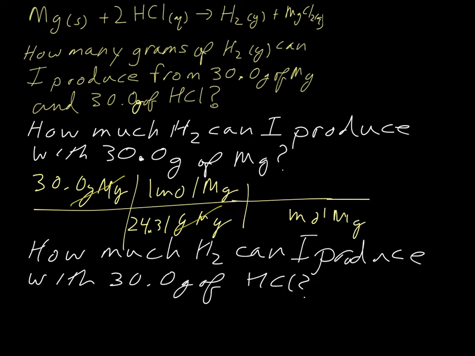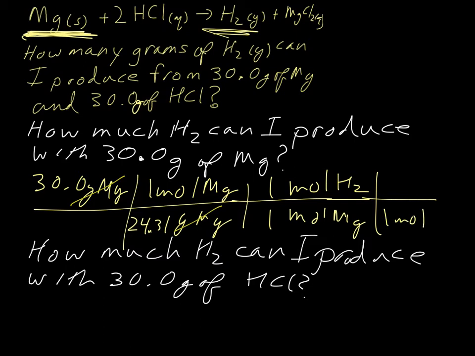According to my chemical equation, for every 1 mole of magnesium, I can produce 1 mole of hydrogen. I don't want moles of hydrogen, so I'm going to cancel them out. I want grams of hydrogen, and according to my periodic table, there are 2.016 grams of hydrogen in 1 mole of hydrogen.